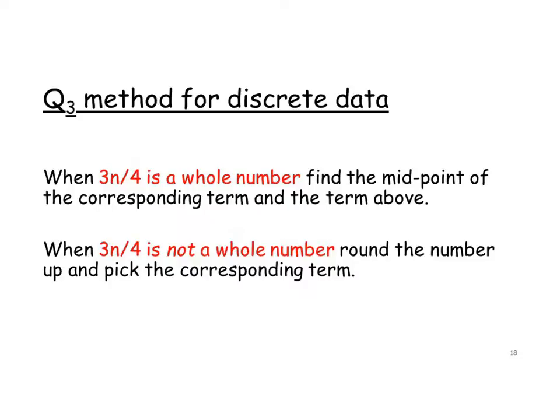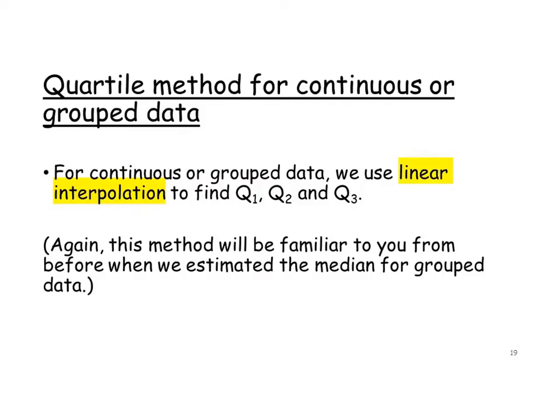corresponding term. Now that's for discrete data, but for continuous data or grouped data, we will need to use linear interpolation to find Q1, Q2 and Q3. And we have already done this for Q2, which is the median.